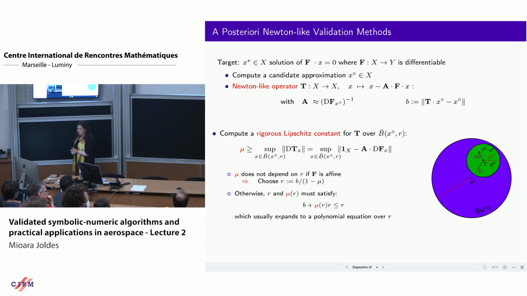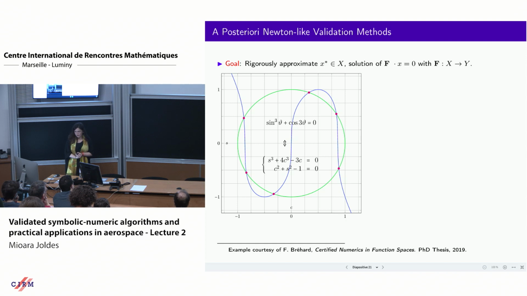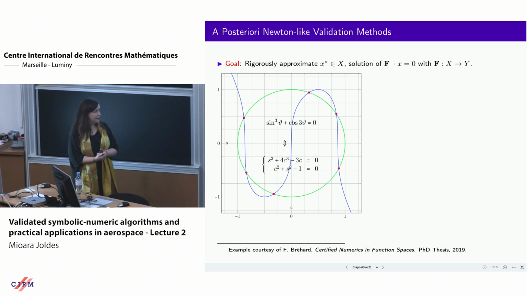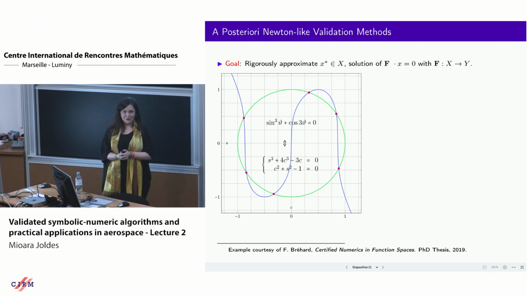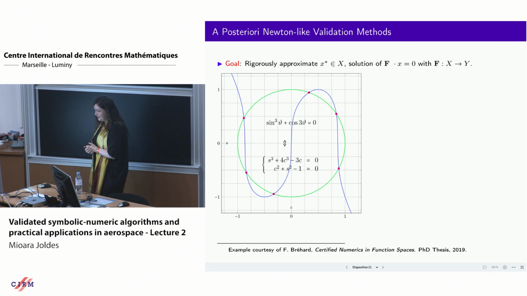So to show how this works in a very, very simple case, I took an example from the PhD thesis of Florent. So thank you, Florent, for constructing this didactic example.